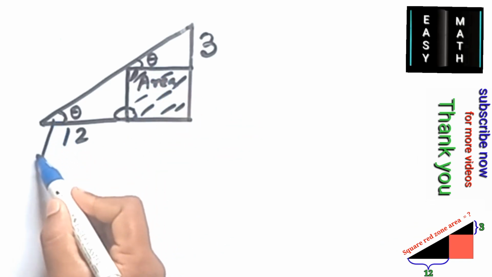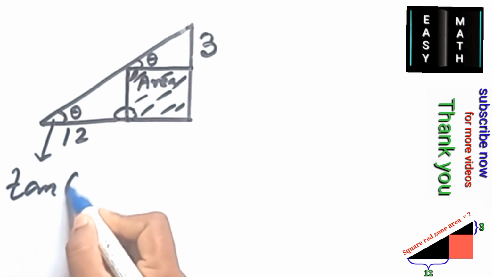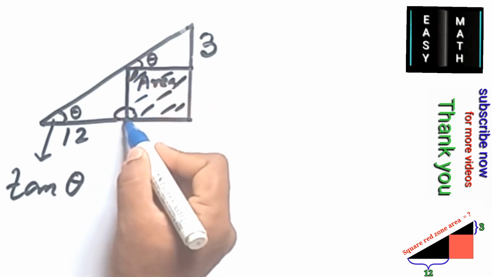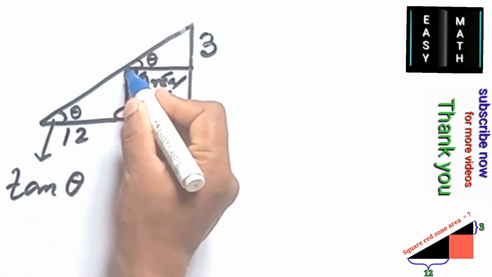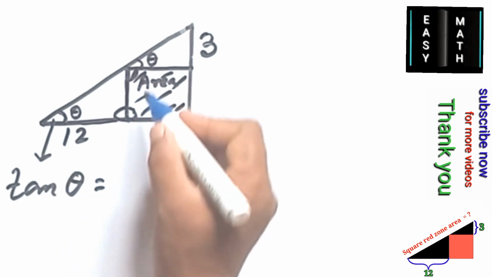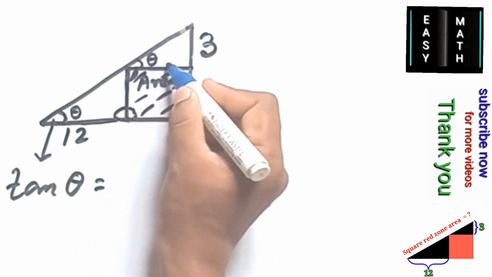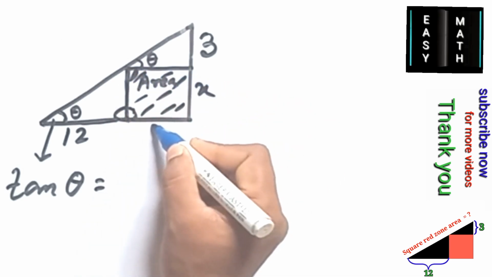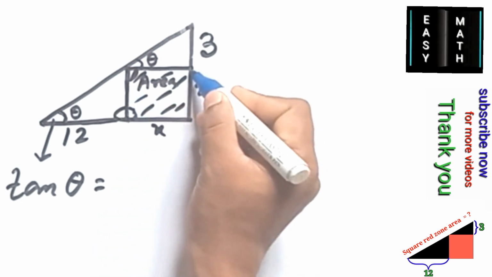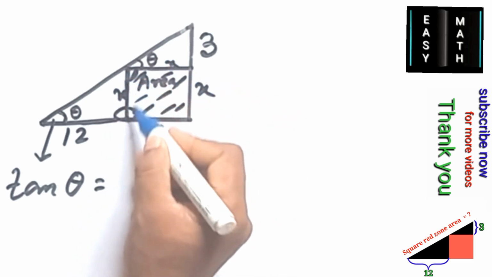So now from here we can write tan theta from this triangle. Tan theta equals, and this is the square area. So we take this side as x, this is x, this is x, and this is x.